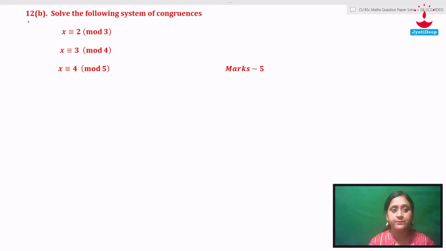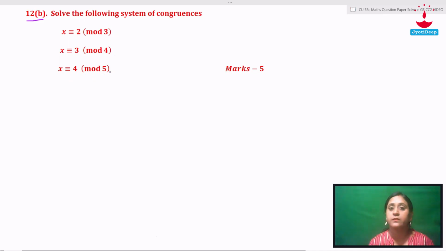Question number 12b. Solve the following system of congruences. x congruent to 2 under mod 3, x congruent to 3 under mod 4, x congruent to 4 under mod 5.